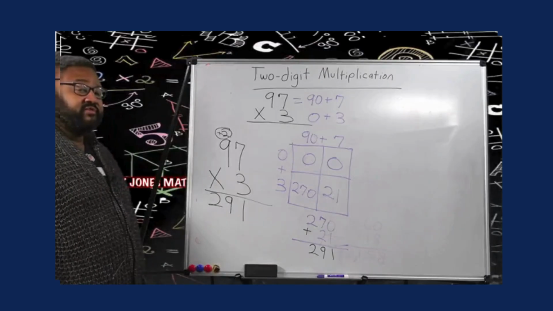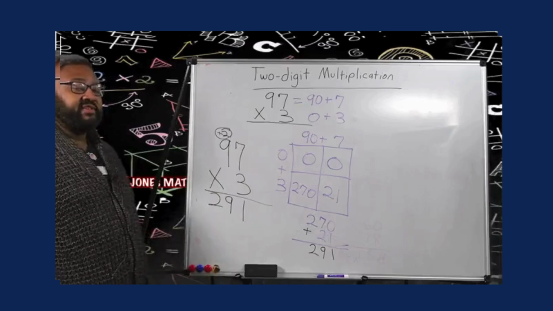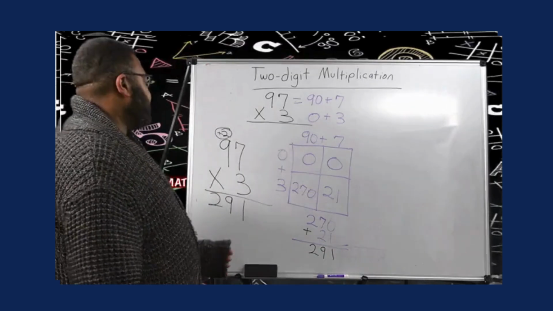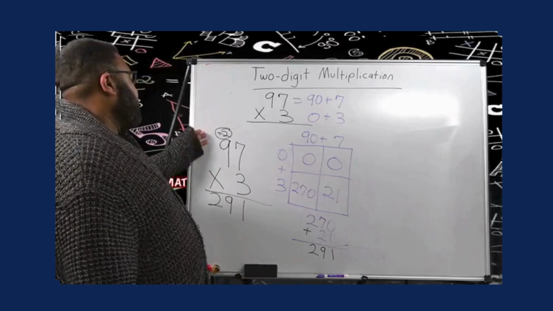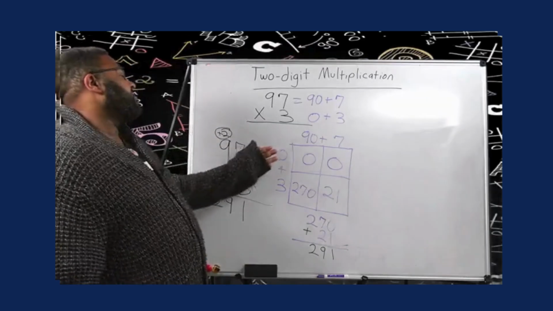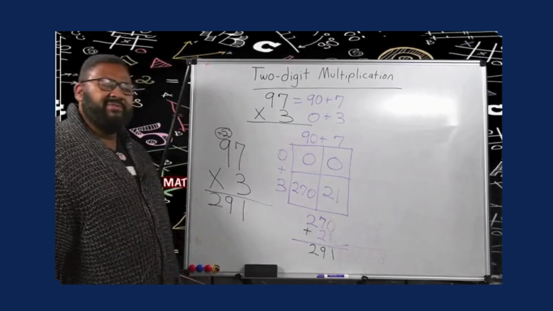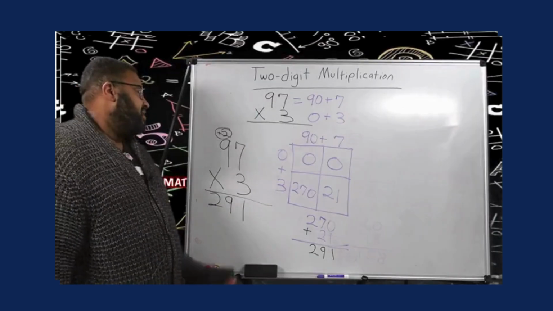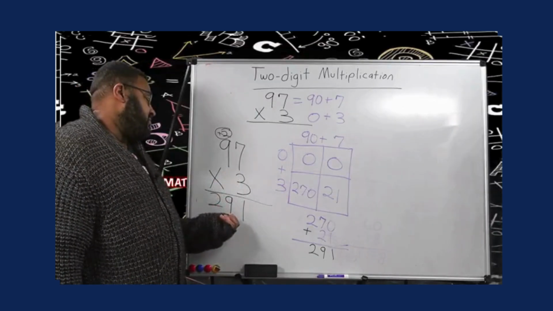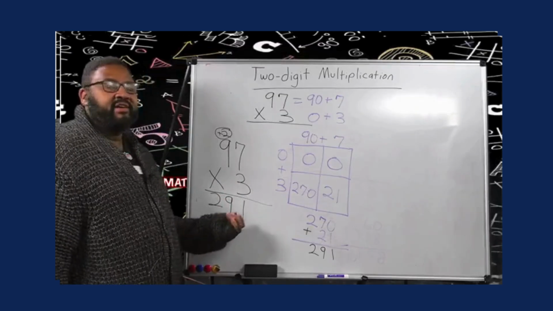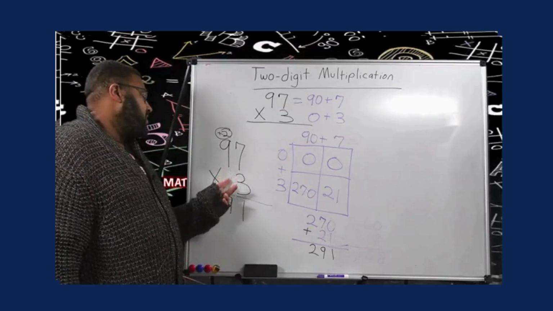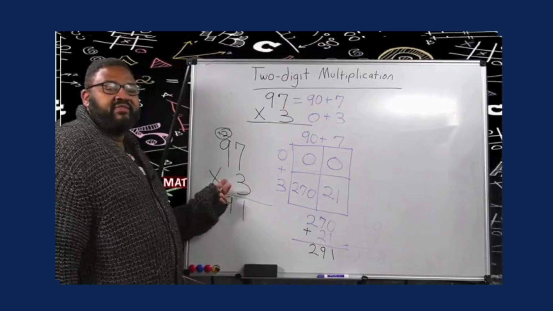Questions or concerns? That's it, folks. This is the traditional way. This is the Bojangles big box. Now some of you said, Mr. Jones, why don't you do it the other way? Because there's going to be a 0 at the bottom, since there's a 0 in the tens place.